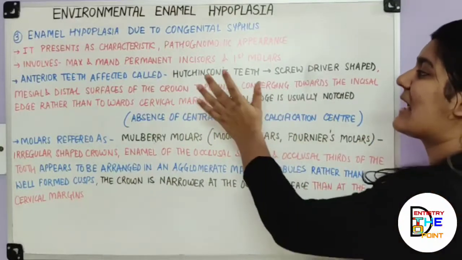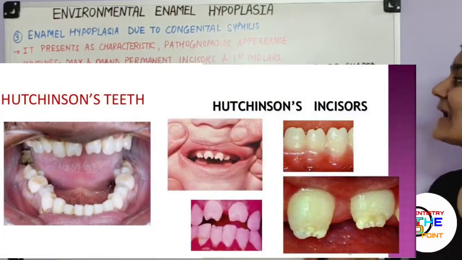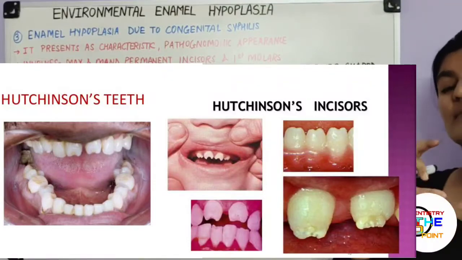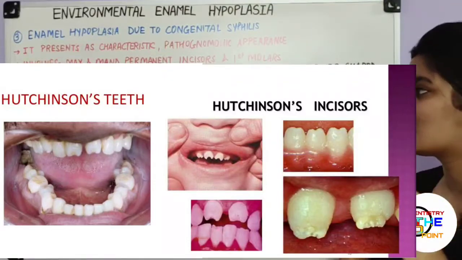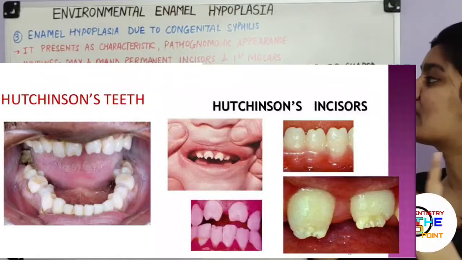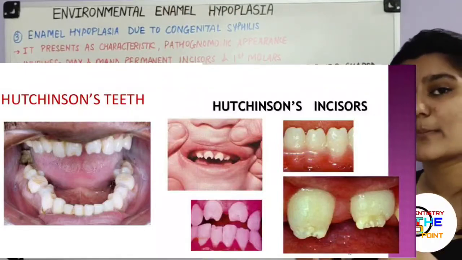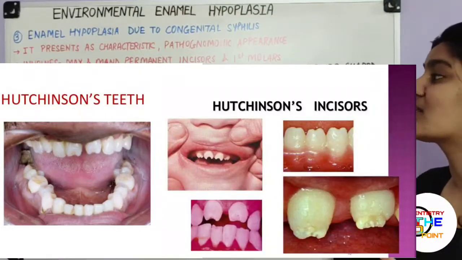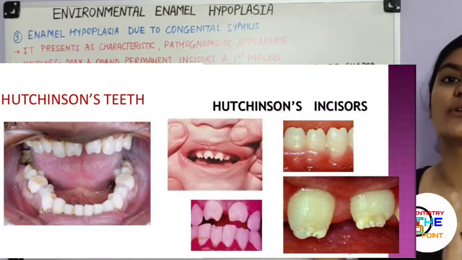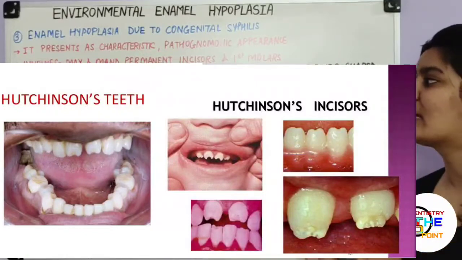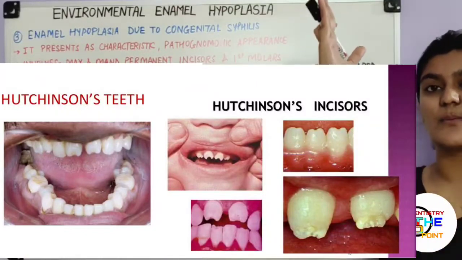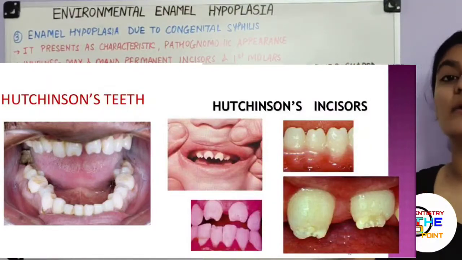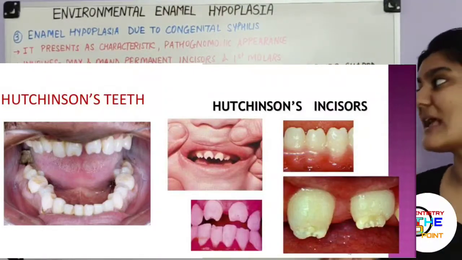Now what is seen in Hutchinson's teeth is that they appear screwdriver shaped. The central incisors usually appear as screwdrivers in shape. The mesial and distal surfaces of the crown taper or converge towards the incisal edges rather than towards the cervical margin. In normally occurring central incisors, the mesial and distal margins converge in the cervical portion, but here they converge in the incisal portion.